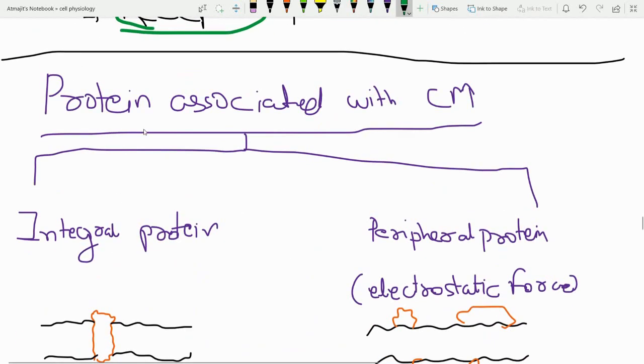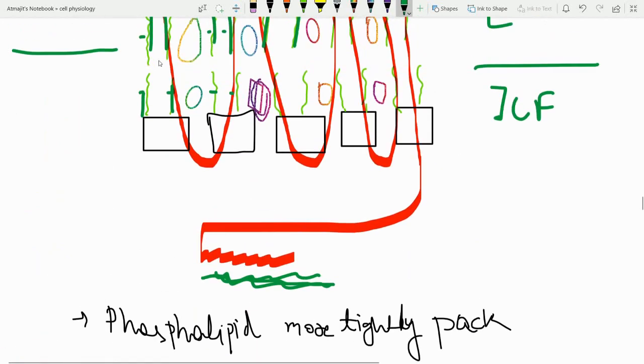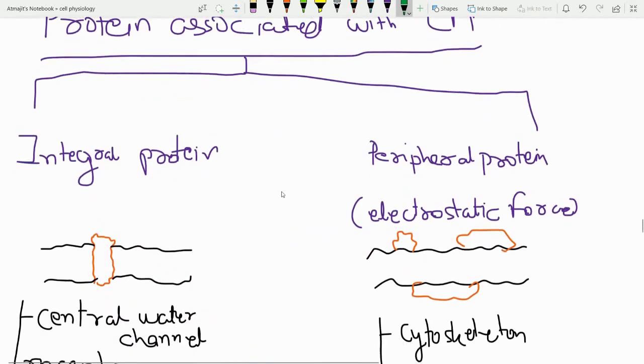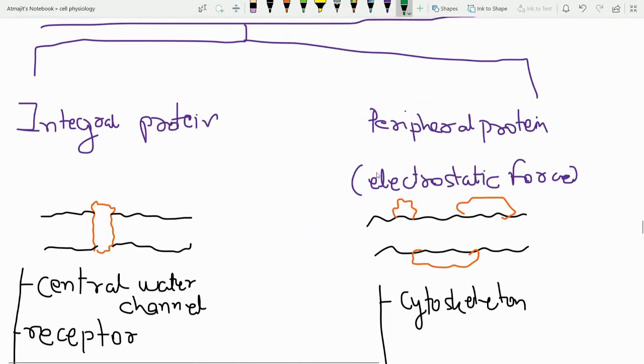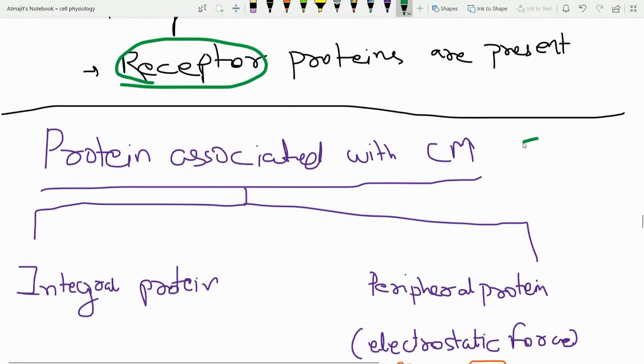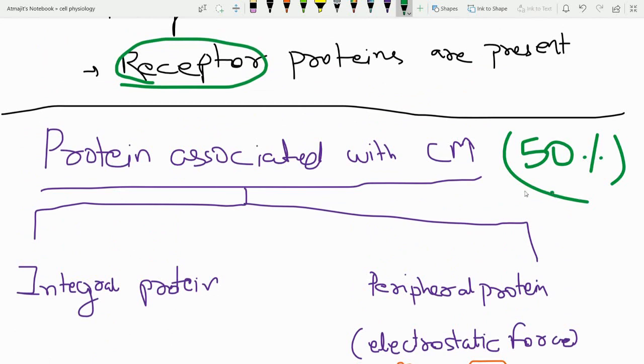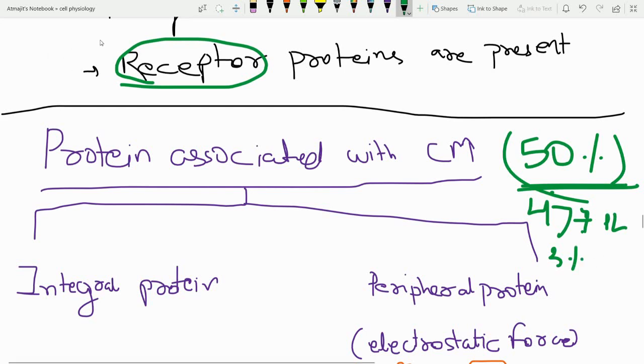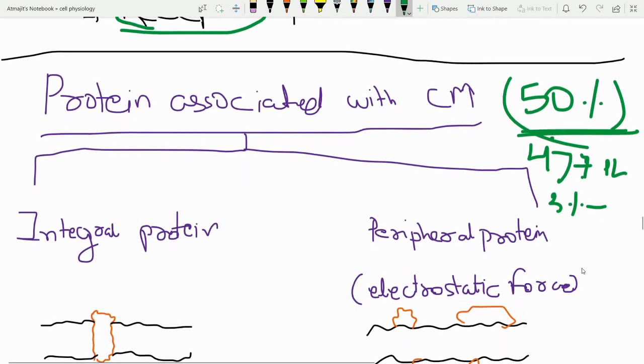The proteins associated with the cell membrane: some proteins are also associated with it. Proteins make up 50% of the cell membrane, 47% are phospholipids, and 3% are carbohydrate.